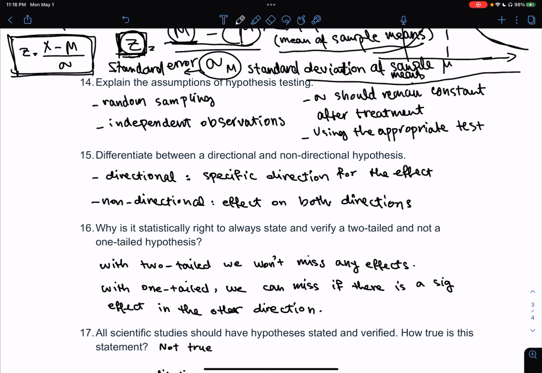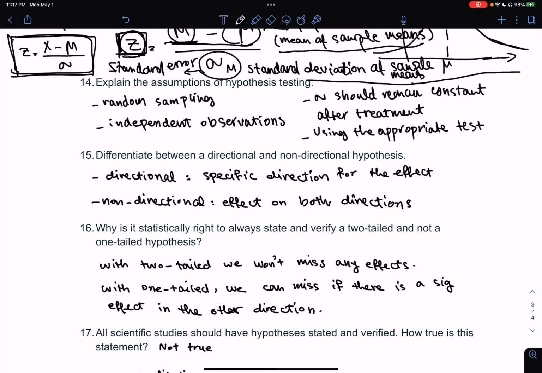For example, observations should not affect each other.